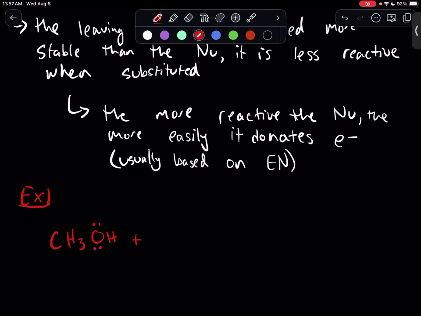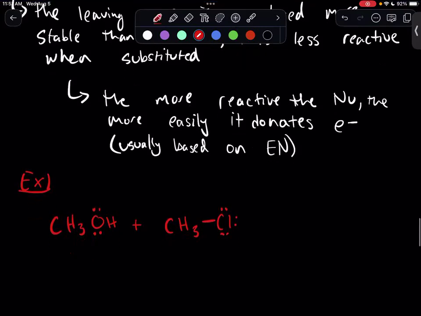And methanol can react with CH3Cl, chloromethane. Now, it might be helpful to demonstrate a bond here, as we're going to be doing that reaction. We saw from earlier that hydroxide was more reactive than bromine. We can reason that hydroxide is going to be more reactive than chlorine.